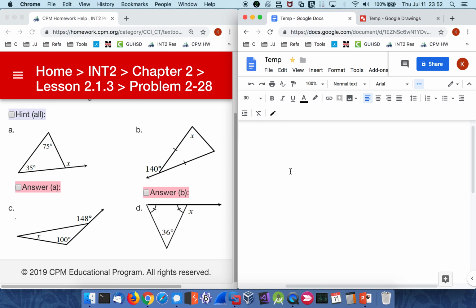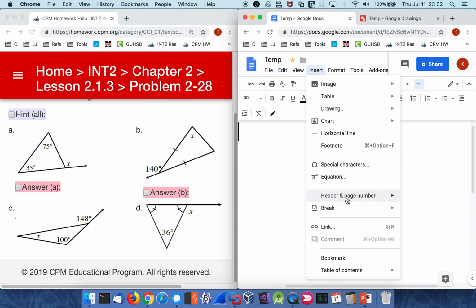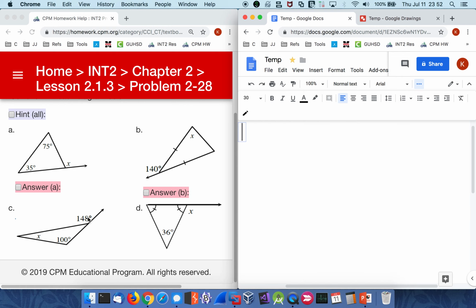So now let's do C. So what do we have with C? Again, we have this exterior angle. Oh man, I guess they're trying to teach us the exterior angle theorem. So here we go. We've got 148, which needs to be the sum of these two opposite interior angles. So we've got 148 equals x plus 100. Well, that's easy.